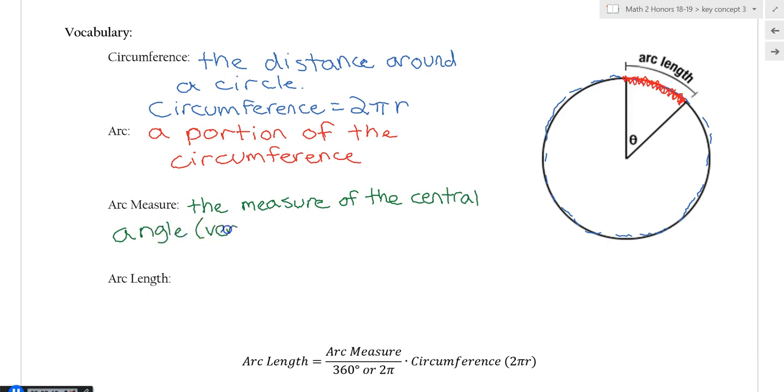And that just means the vertex is at the center, that creates the arc.